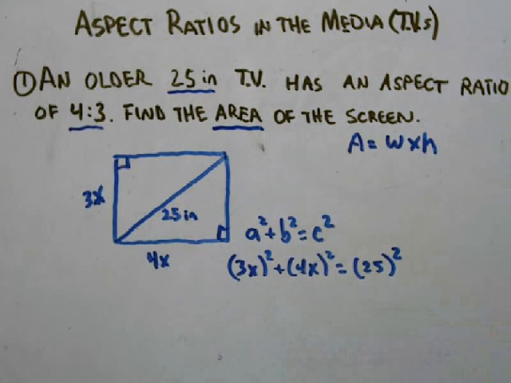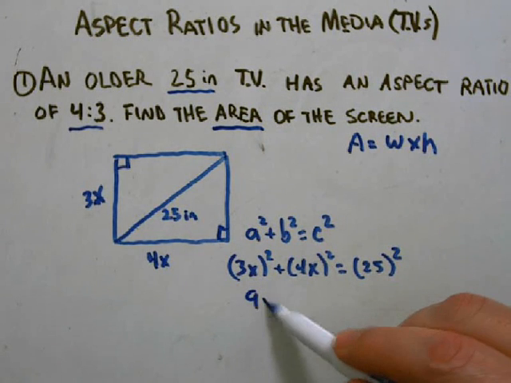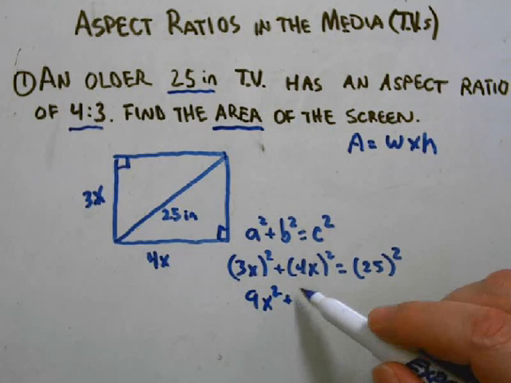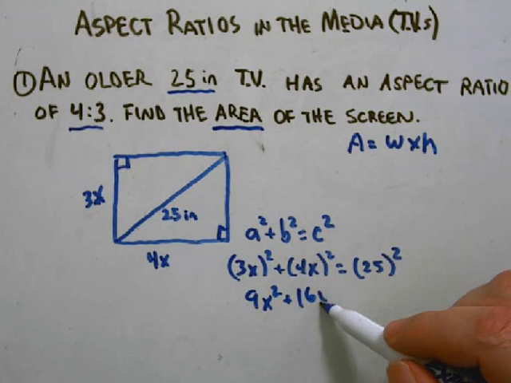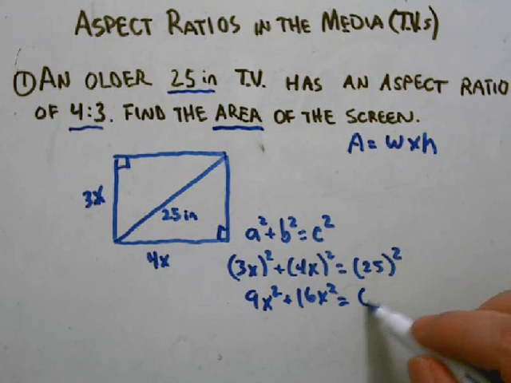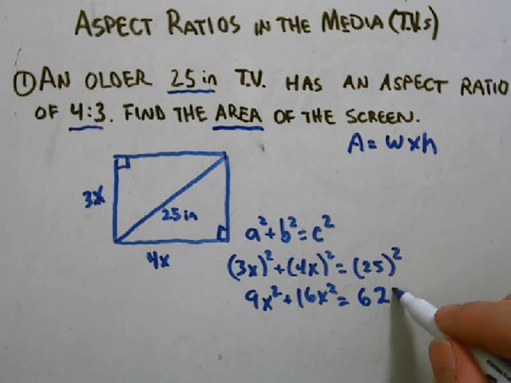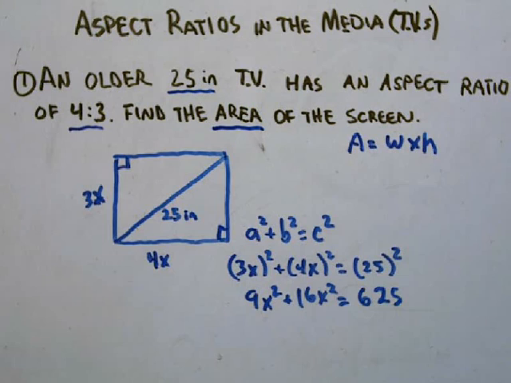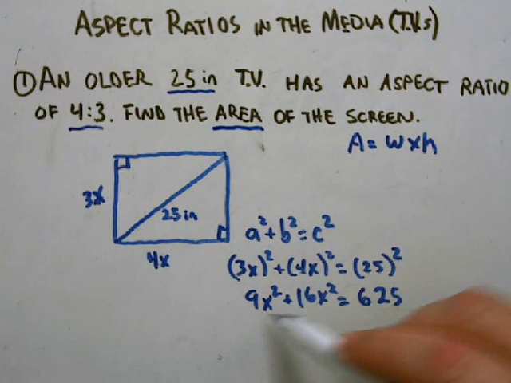So you get 9x squared plus 16x squared equals 625. Combine the two x squared terms. The 9x squared and 16x squared works out to be 25x squared.